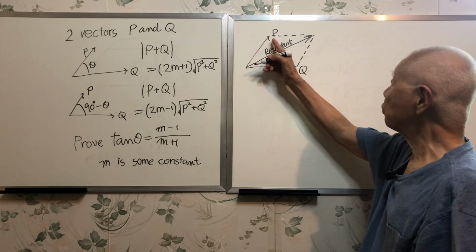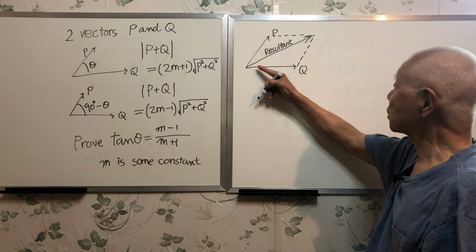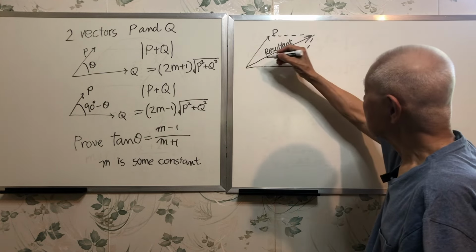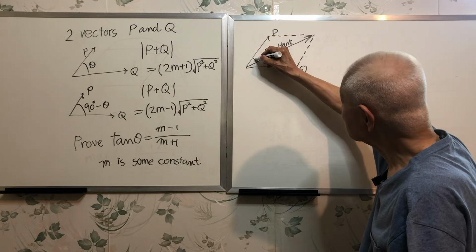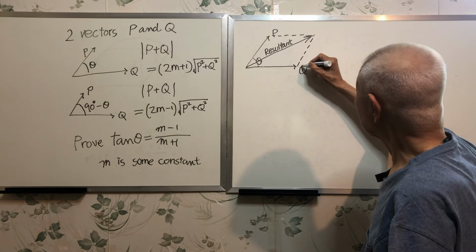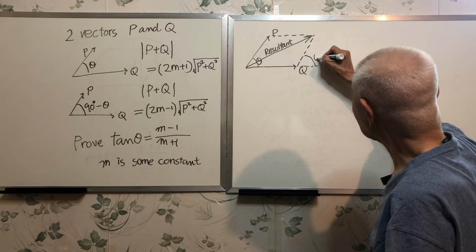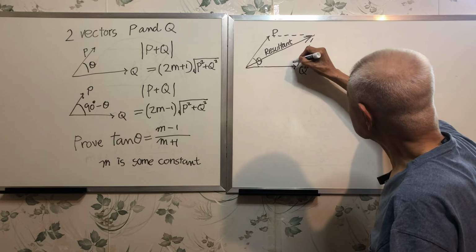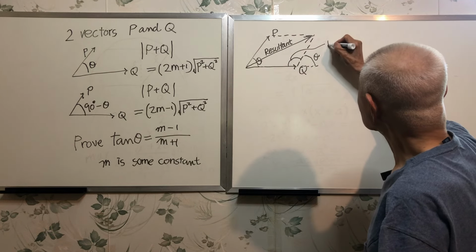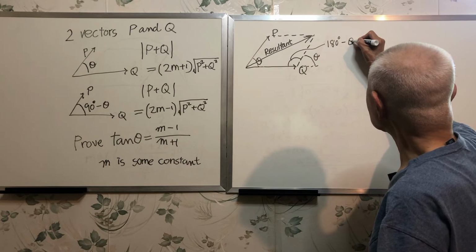I add two vectors P and Q, so the resultant is the diagonal of this parallelogram. This is the angle theta, therefore this is the angle theta. And then this is 180 minus theta.